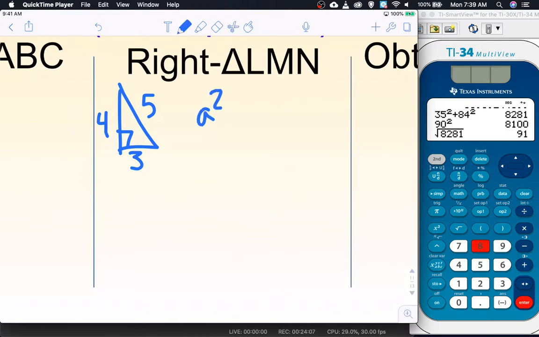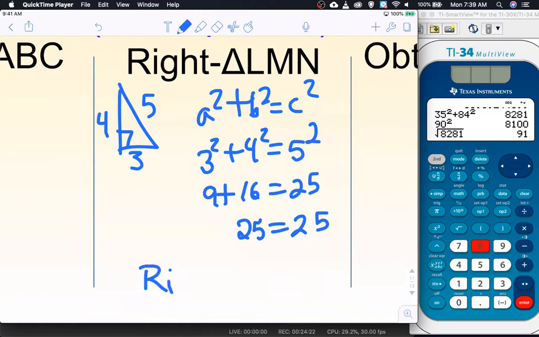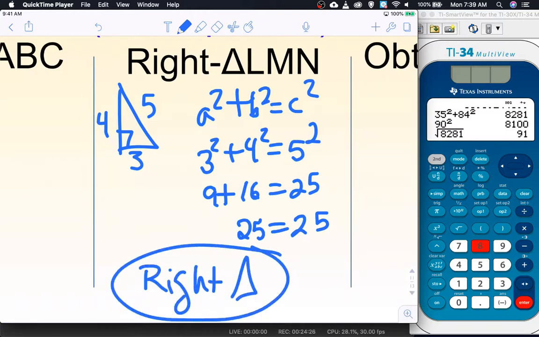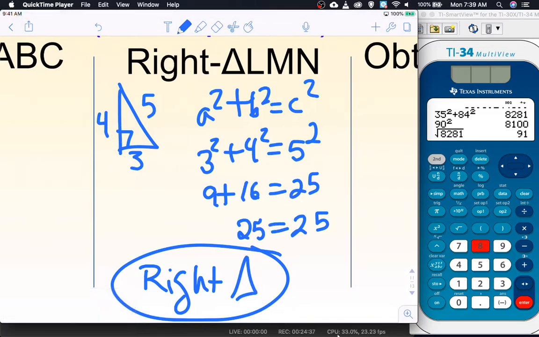And so a squared plus b squared equals c squared. 3 squared plus 4 squared equals 5 squared. 9 plus 16 equals 25, and that works out. So that's kind of what I was expecting for each of the 3. You draw it, you do the Pythagorean theorem to show me that those 3 side lengths are the thing you say it should be. So this was a right triangle.